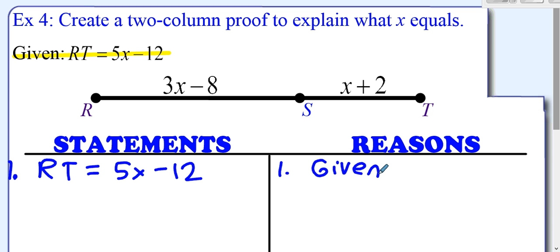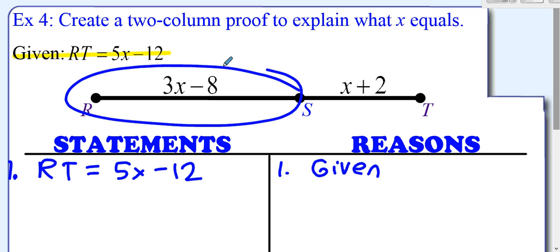Then you're going to look at the picture and see if there's anything else that you know besides what was written out for you. So looking at this picture, you can also see RS is equal to 3x minus 8 from the picture.